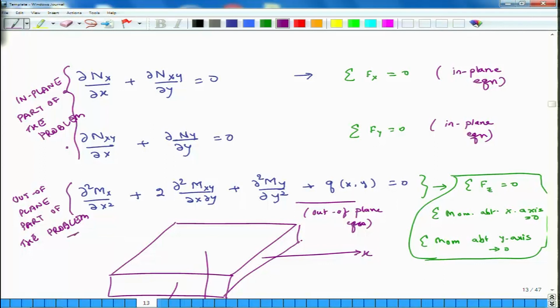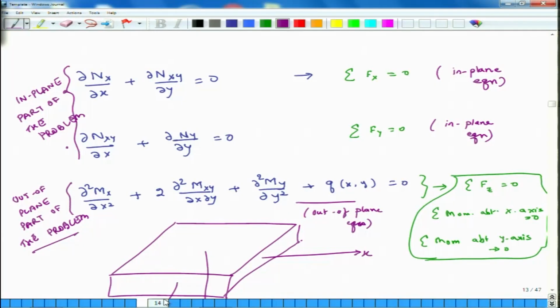So, the third equation is about out of the plane problem, and the first two equations are about in plane part of the problem. So, this is one thing to understand. First two equations in plane part of the problem, the third equation is out of plane part of the problem.